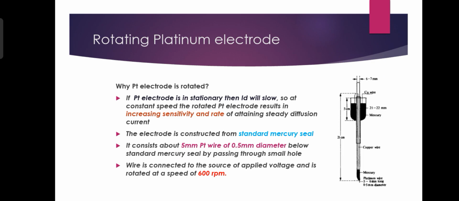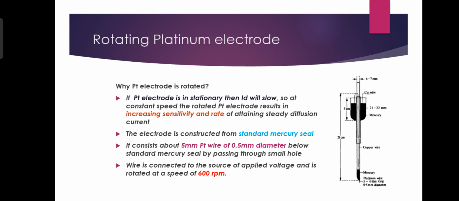Because if it is in a stationary state, then the diffusion current will be slow, and it will create disturbance with the falling mercury drop. So the platinum electrode should rotate with a constant speed for maintaining the diffusion current and attaining a steady diffusion current.